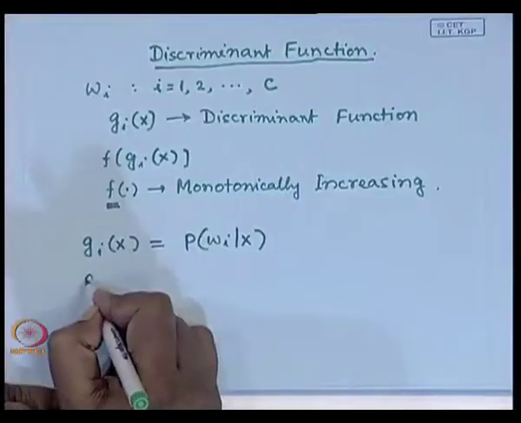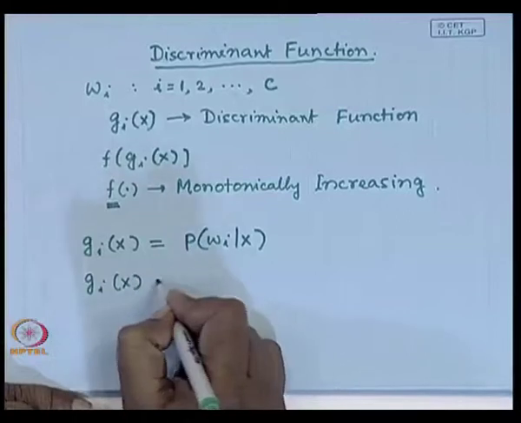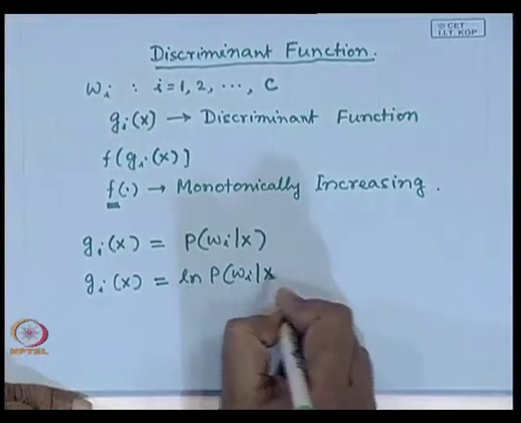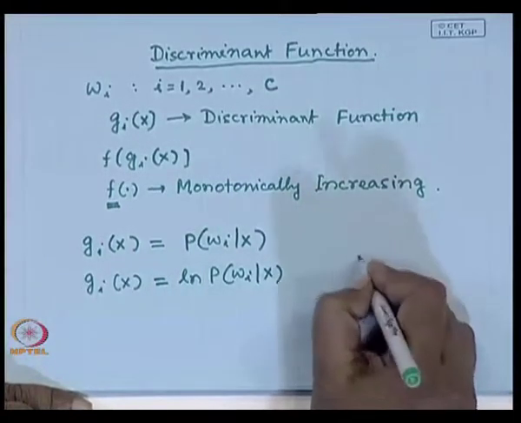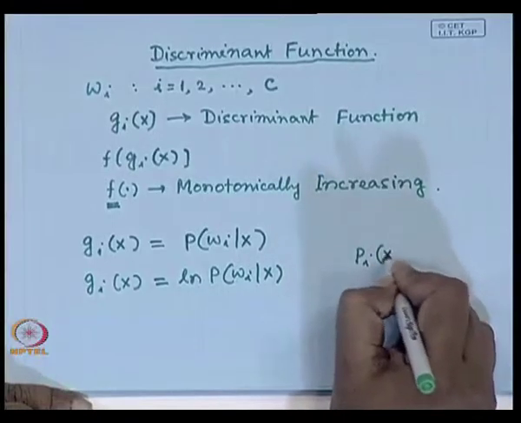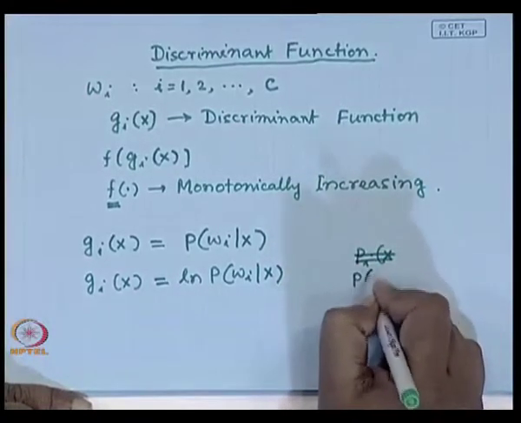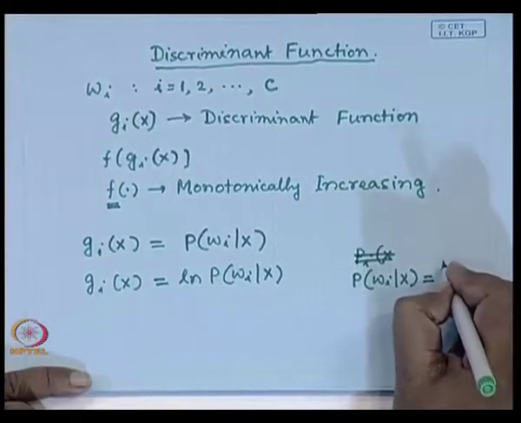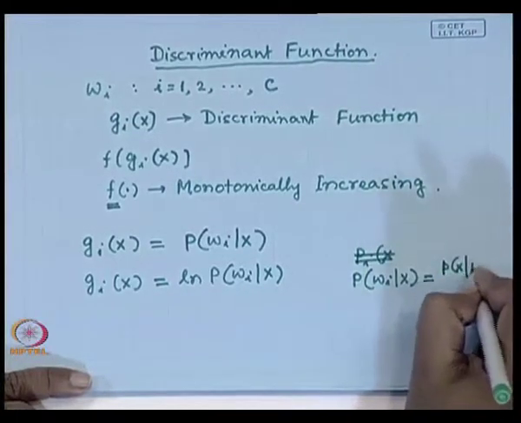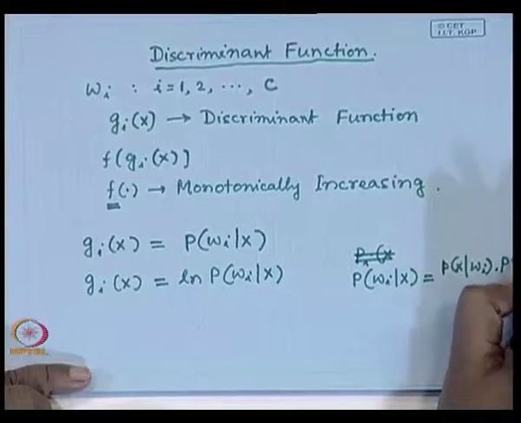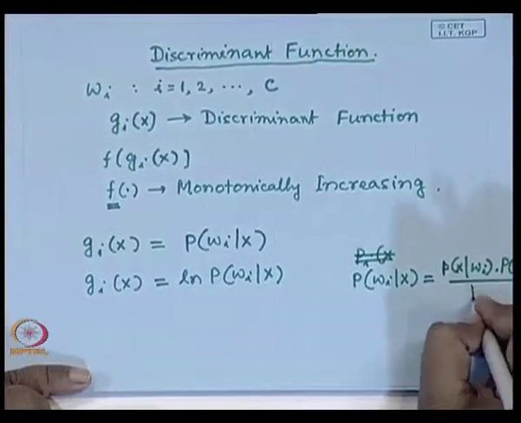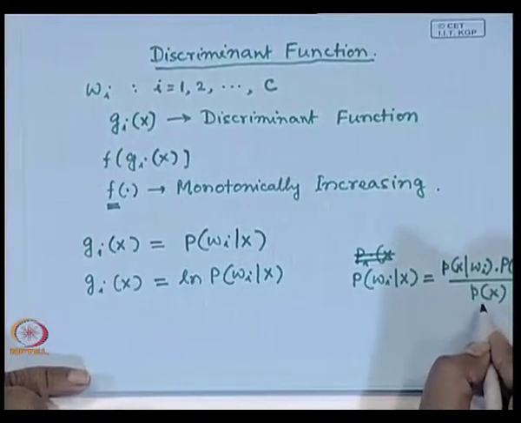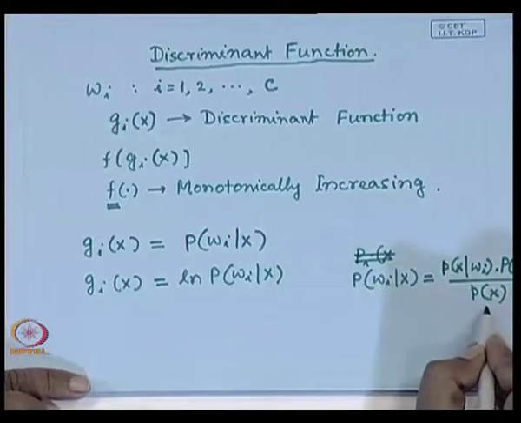So, I can also define g_i(x) as log of p of omega_i given x, and because p of omega_i given x is nothing but p of x given omega_i into p of omega_i upon p of x, where we said that p of x we can remove, because for every value of i, p of x will always appear in the denominator.